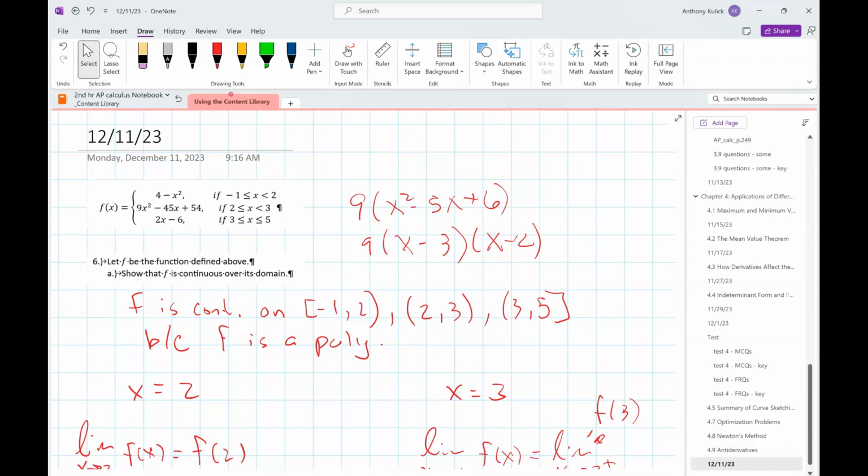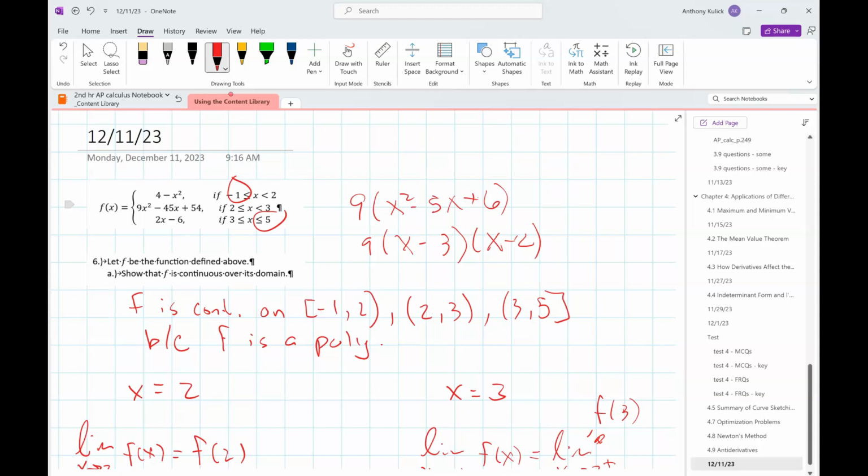Because I can't have a one-sided function and be able to take the derivative at that endpoint, because I need a left-hand limit and a right-hand limit agreeing. Everybody's okay with that? So I know automatically those are going to end up being open, as opposed to closed, which they are right now in f.